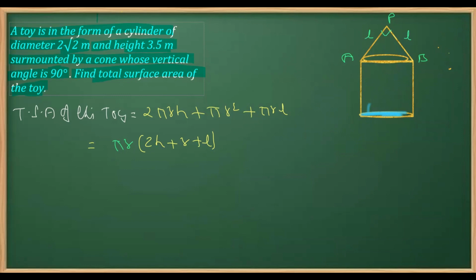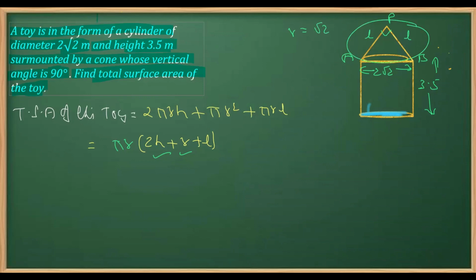This is the slant height, this is the slant height, and the diameter is 2 root 2. This whole length is 2 root 2, and the height of the cylindrical portion is given as 3.5. So we know h, and we know r, the radius, which is half of 2 root 2, that is root 2. But we don't know the slant height l.